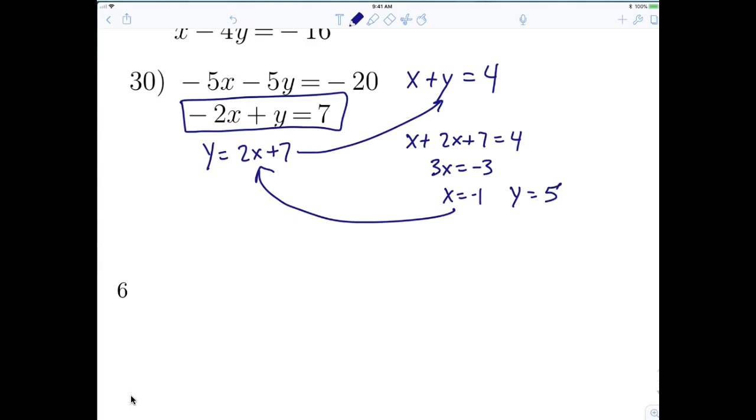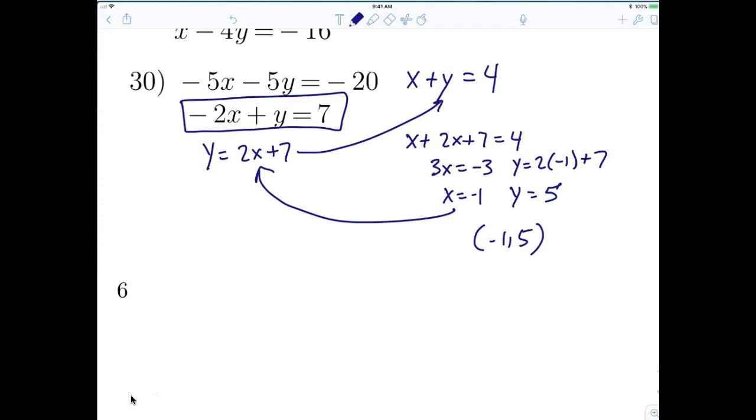Because again, it's y equals 2 times negative 1 plus 7. I just replaced the x with negative 1. So my solution is negative 1 comma 5. Does everybody agree it's negative 1, 5?